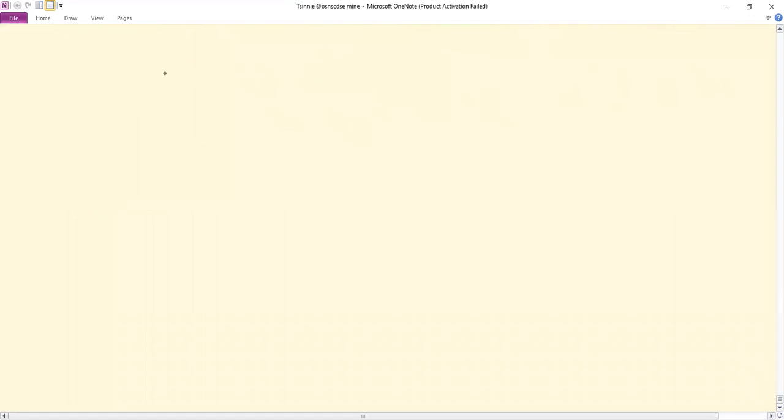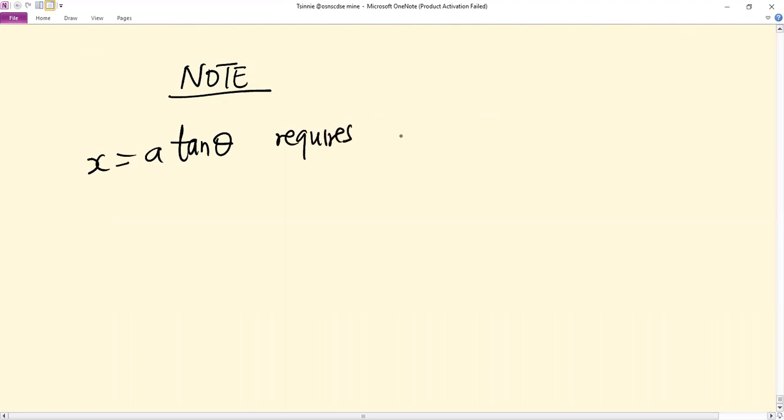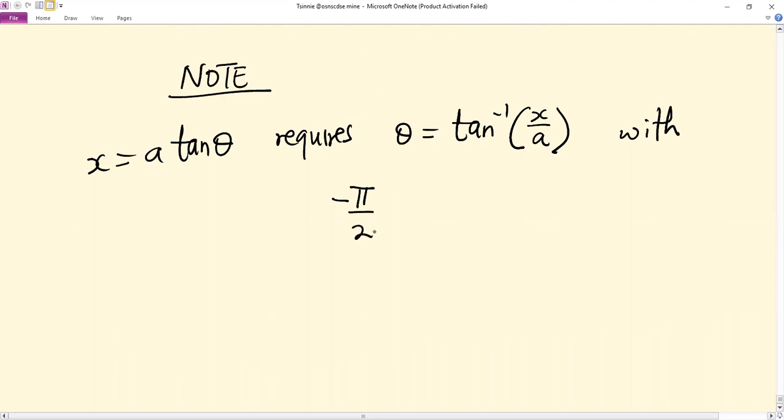And just to give those restrictions on the expressions of those angles. So note, x equals a tan theta requires that theta be the tan inverse of x over a, with the angle between minus pi over 2 and pi over 2.